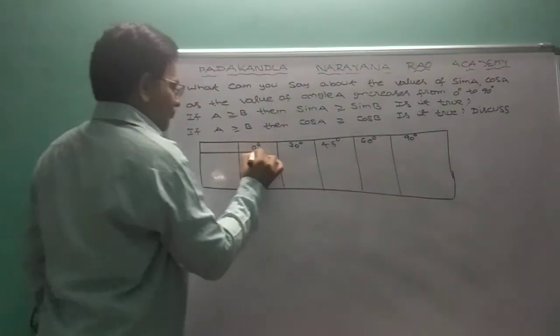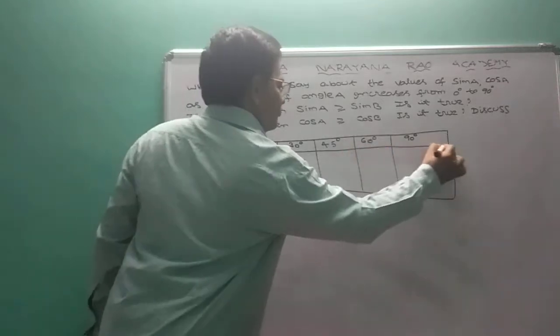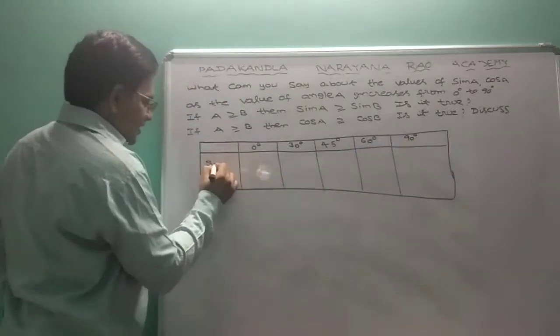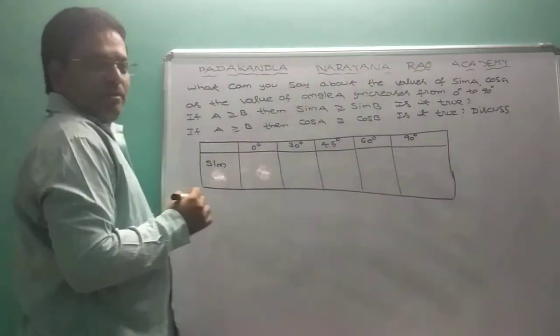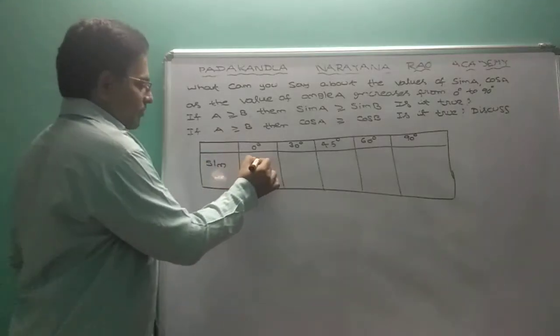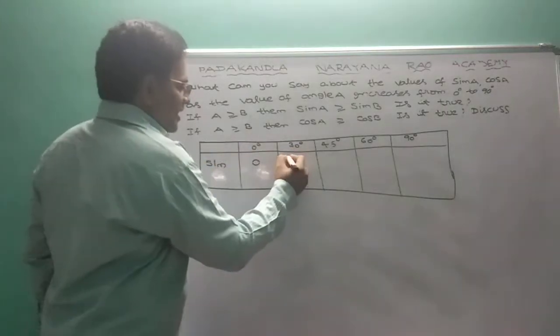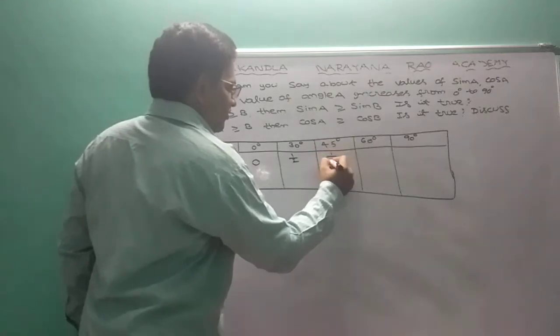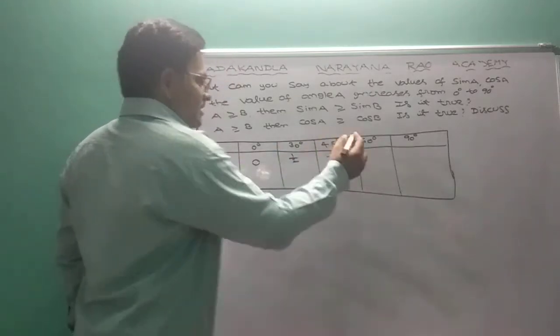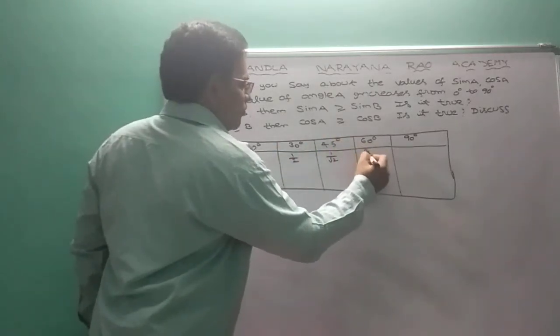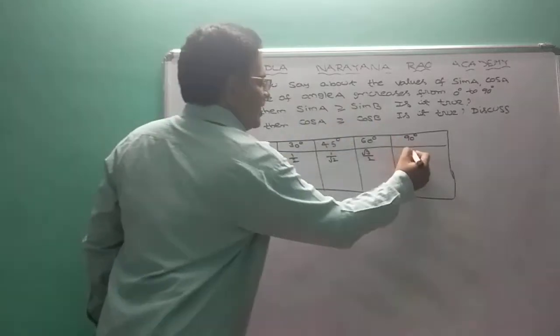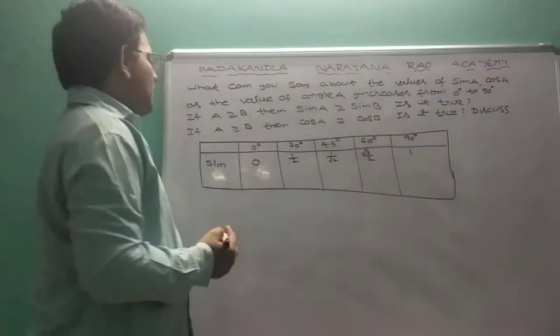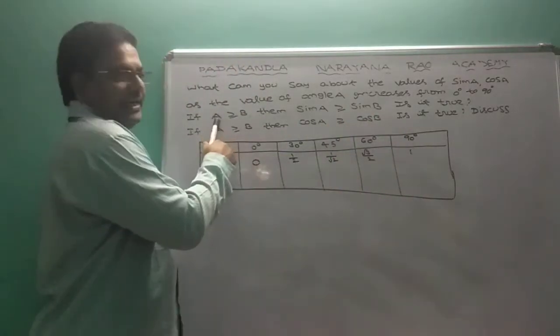First consider sine. What is sine 0? 0. Sine 30, 1 by 2. Sine 45, 1 by root 2. Sine 60, root 3 by 2. Sine 90, 1. Here the question says angle increases, so angle A will be more than B.